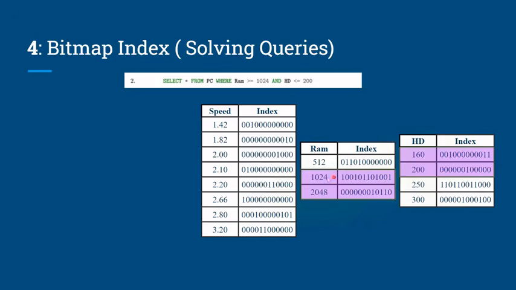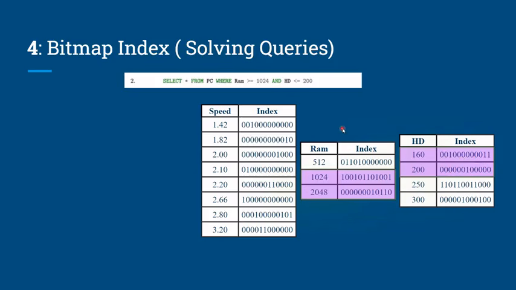We would OR together the bitmap vectors of the RAM here, because we are looking for this whole range, and we would OR the bit vectors for these 2 HD values or these 2 HD rows, because we are looking for this whole range.